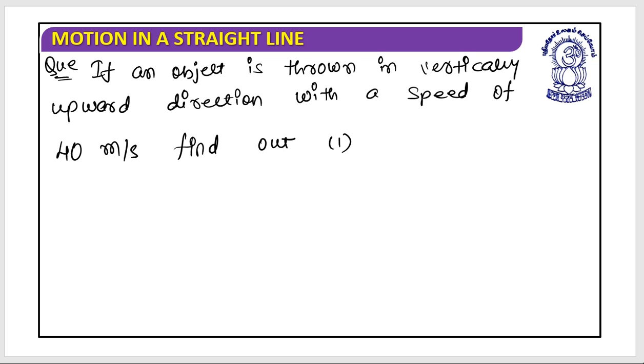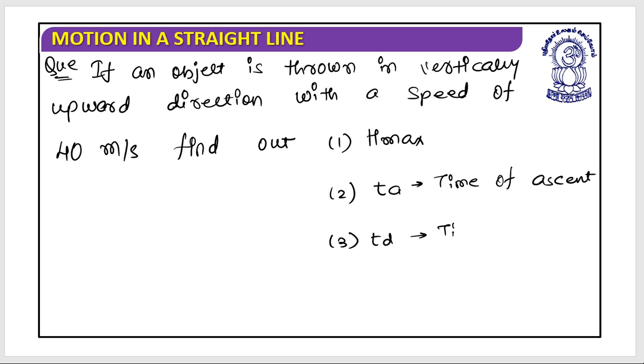First, h max, the maximum height. Second, ta, that is time of ascent. Third, td, the time of descent.